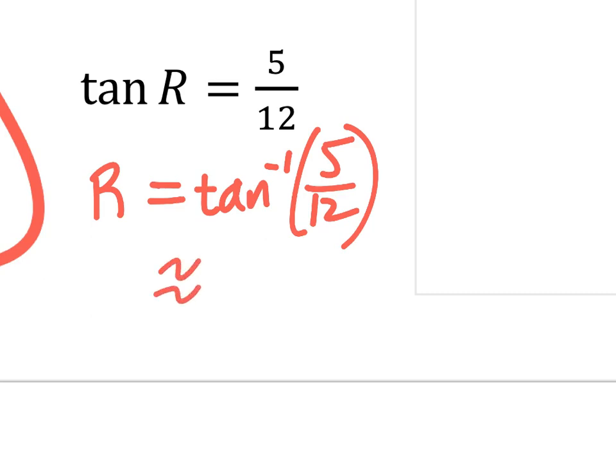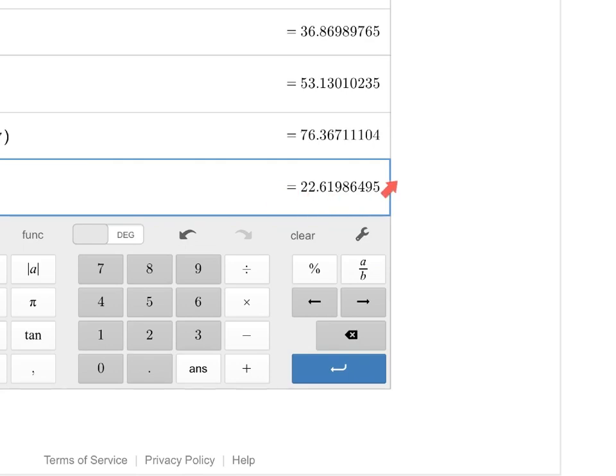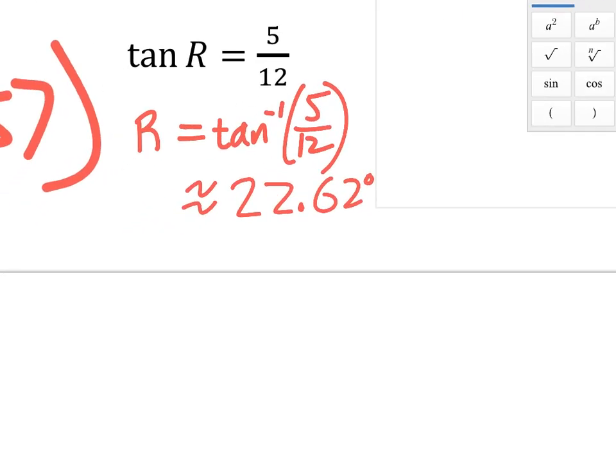We kind of guessed and checked back at the beginning, and we got close to 22.6. If we wanted to be super accurate, we could use all of these decimals for our angle. And that was our roof pitch, if you remember. So anytime we're cutting a board, we're going to have these angles of 22.62 or some relation to that.